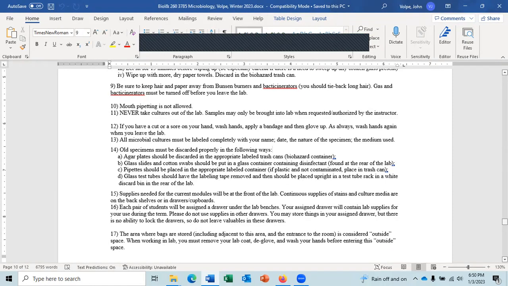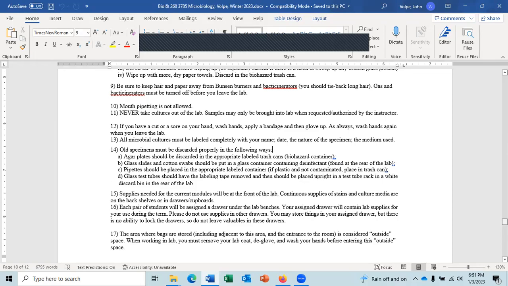No glass ever goes in the biohazard container. If it's broken glass, it goes in the broken glass container. Slides go in the slide container. Test tubes go in the test tube racks in the used section for the test tubes. Any question about that?